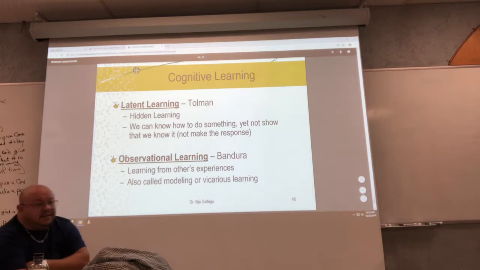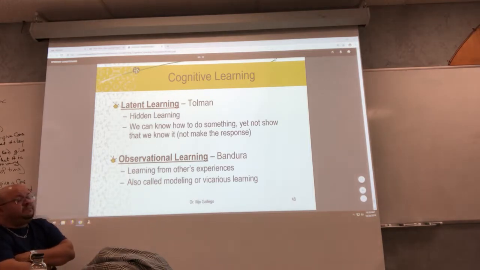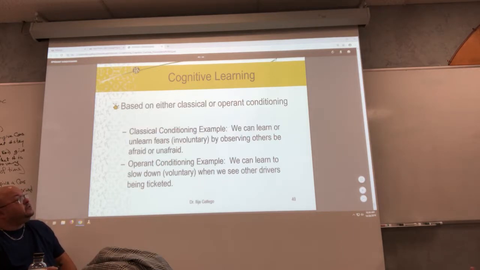So cognitive learning is the combination of both of these things: the fact that we can hide our learning if we're not motivated to show it, and observational learning, the fact that we learn from other people. So observational learning is really important, and we can talk about how it applies to both classical and operant.